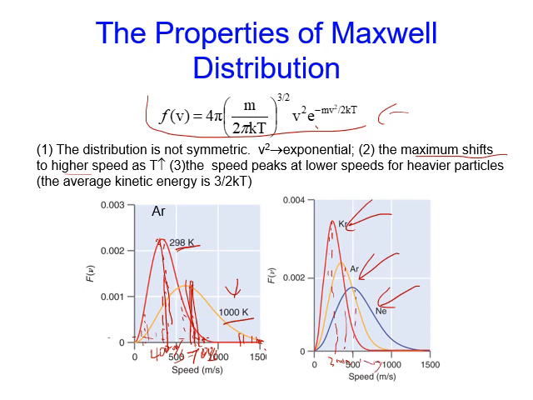So even though you have a distribution, even the smaller molecule, neon, can go fast or slow, but the most probable speed for neon is higher than argon, which is higher than krypton. So the smaller molecule in general moves faster, and the heavier molecule moves slower.